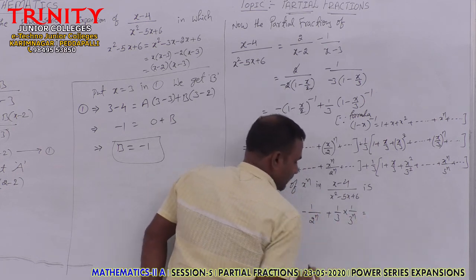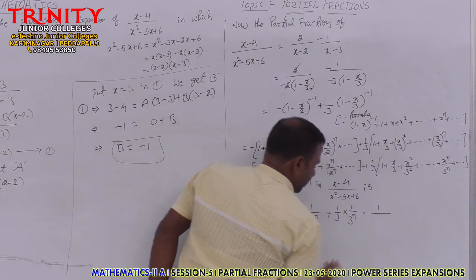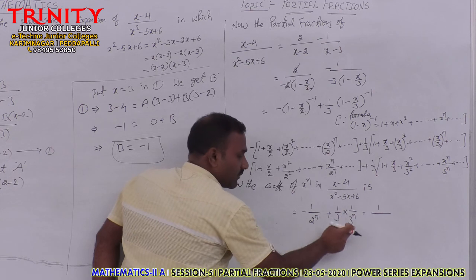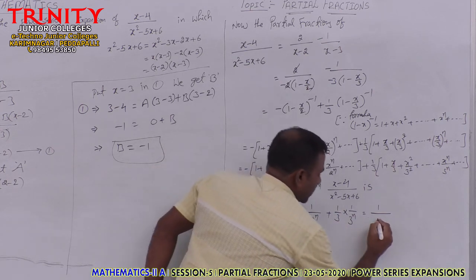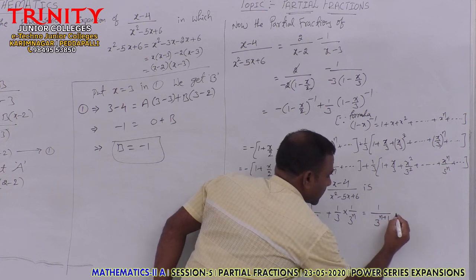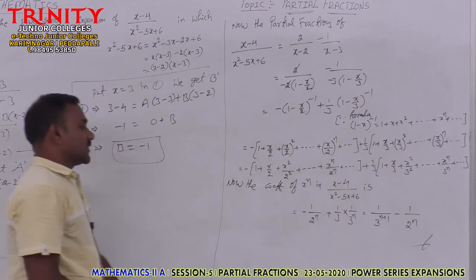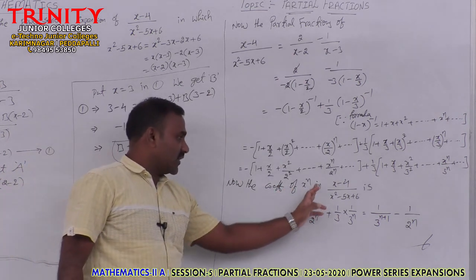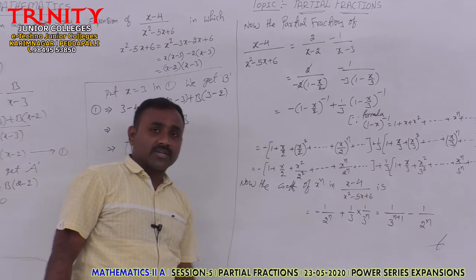If you write in order, positive term first and then negative term, 1 by 3 into 1 by 3 power n, the bases are equal, so the powers should be added, then it becomes 1 by 3 to the power of n plus 1 minus 1 by 2 to the power of n. This is the coefficient of x power n in this expression x minus 4 by x square minus 5x plus 6.